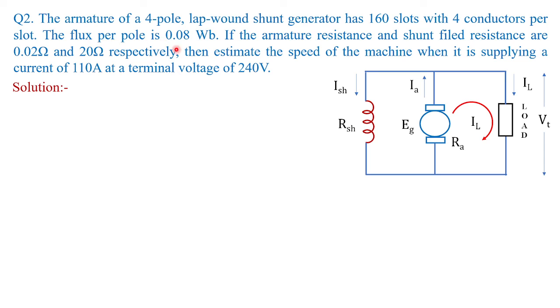The flux per pole is 0.08 Webers. If the armature resistance and shunt field resistance are 0.02 ohms and 20 ohms respectively, then estimate the speed of the machine when it is supplying a current of 110 amperes at terminal voltage 240 volts. So here we need to find out the speed.